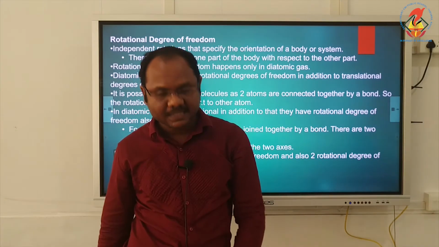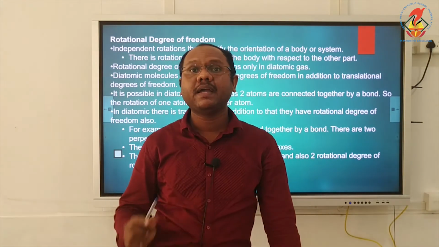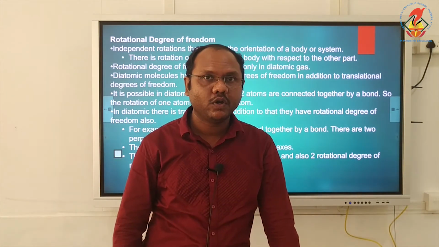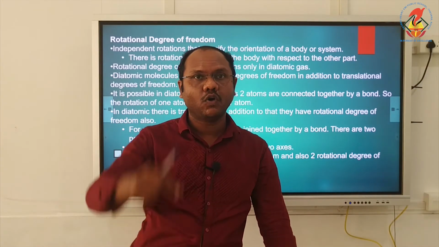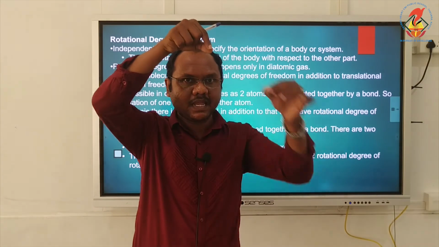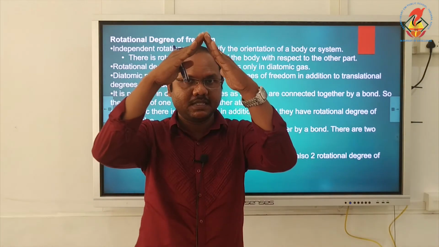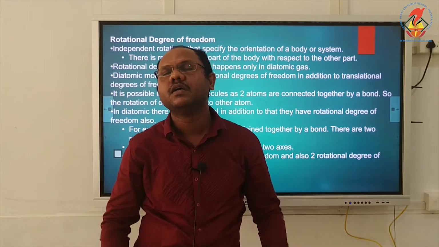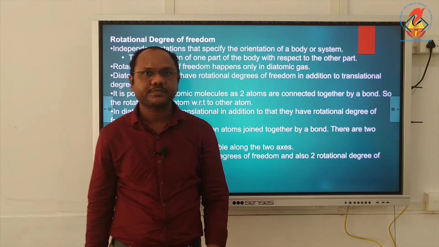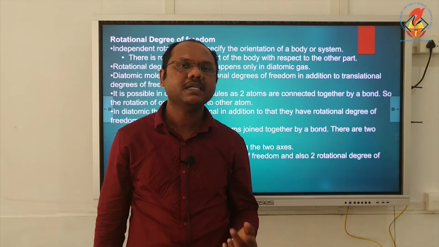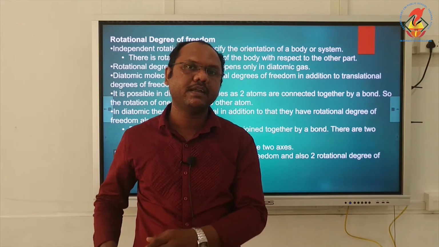It has 7 degrees of freedom. Now for a non-linear triatomic molecule, non-linear means water, H2O. O will be here, and H will be like this and like this. You know the shape of the water molecule. So for the non-linear triatomic molecule, the degrees of freedom will be 6. For the linear triatomic molecule, the degrees of freedom will be 7.